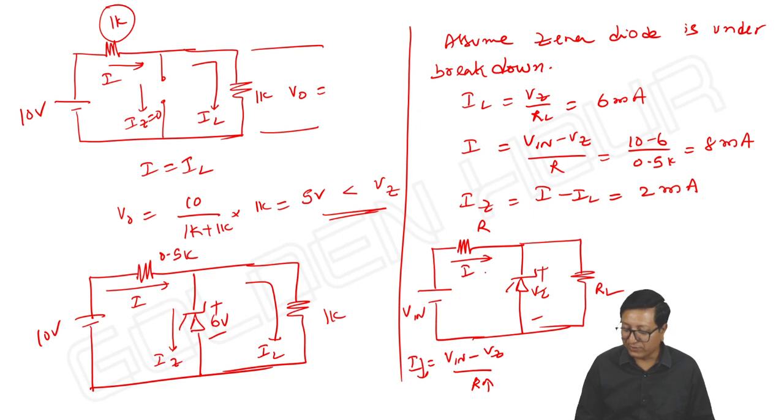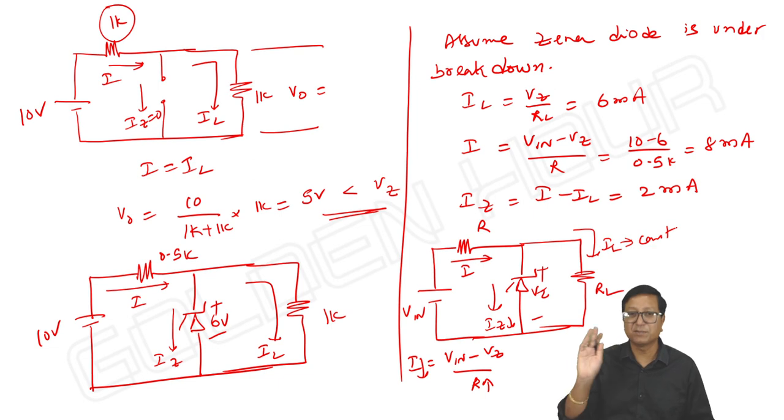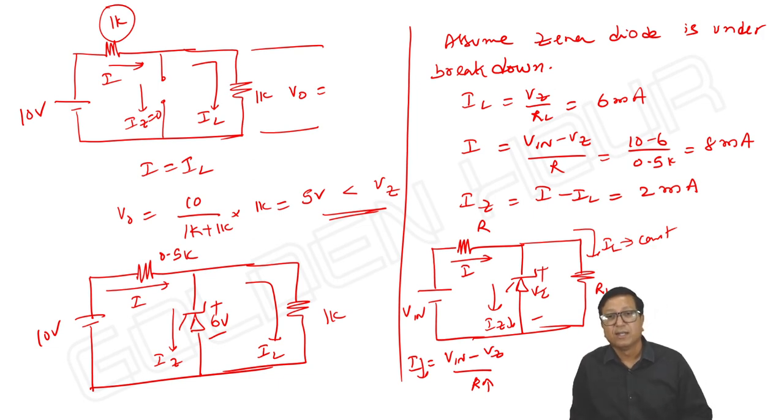If I decreases, then definitely, even though input is constant, as I is decreasing, Iz will decrease. Here this may be constant. See the concept here. Okay. If R increases, I decreases and Iz will decrease. No doubt about it. Inverse relation. If I decreases, Iz will decrease.